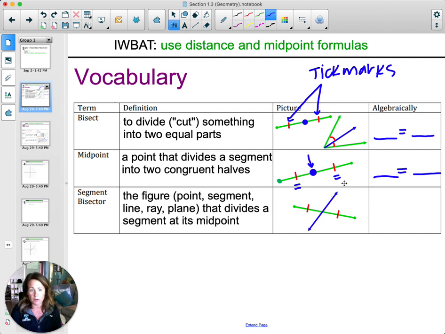So this blue thing right here is the segment bisector, and it is splitting the segment again into two equal pieces. So the algebra behind it is still the same: the formula is to say that this piece is equal to this piece, whatever they're labeled. Algebraically, this is what it means, that the two pieces are equal to one another.